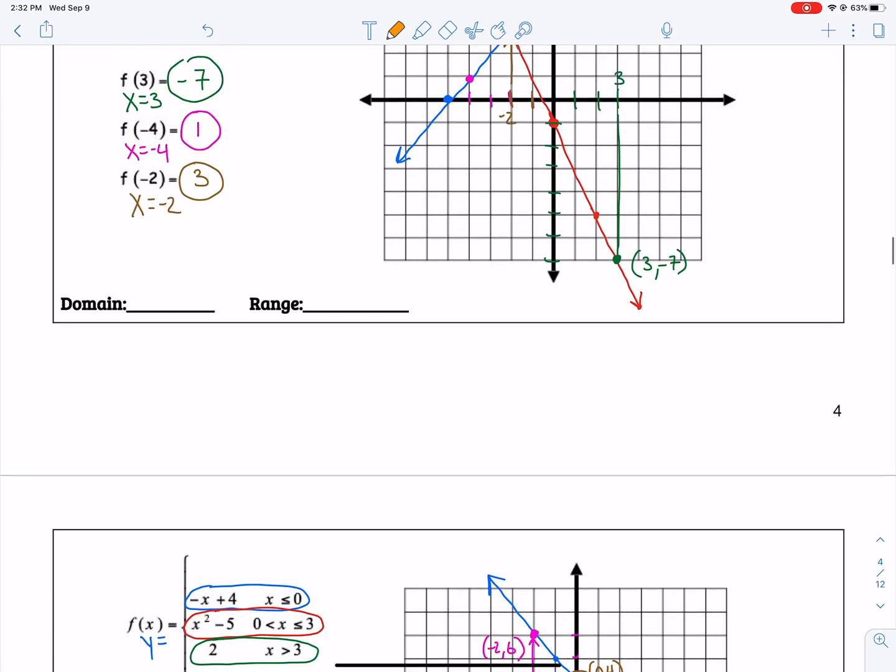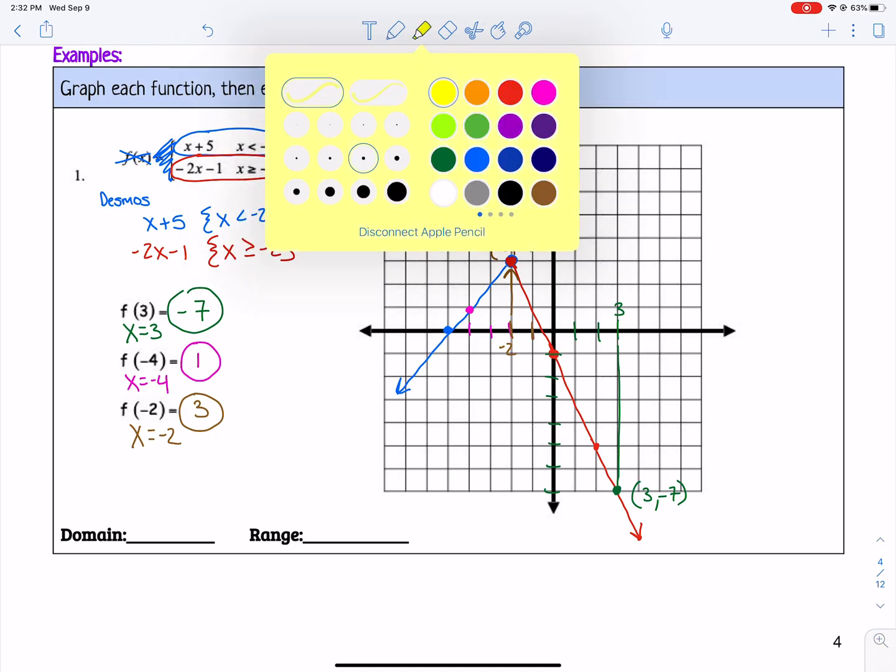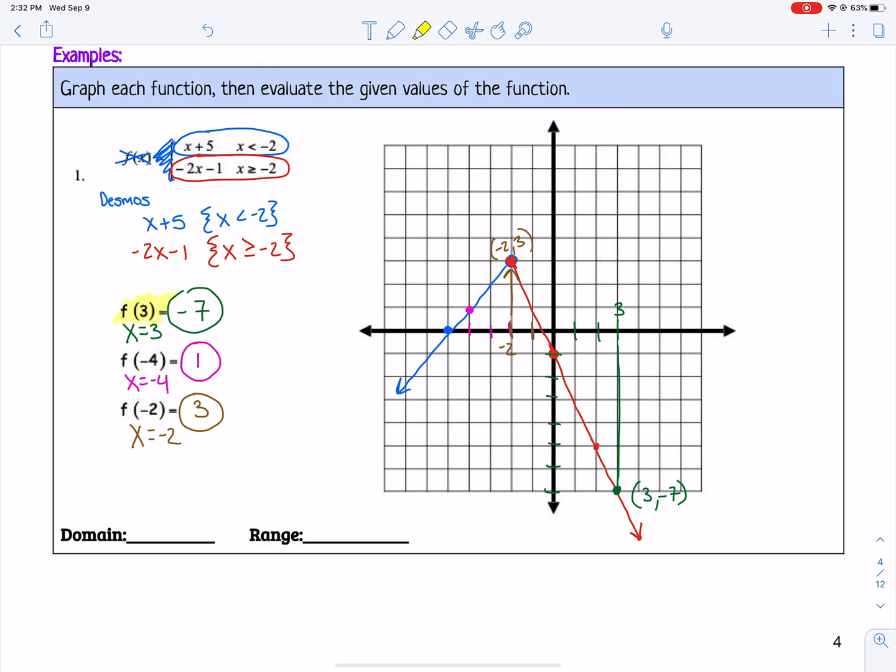The other way you can do it is by plugging in the value. So let's say you have a piecewise function that you did not graph and you don't feel like graphing it. Then let's look at this first part of our evaluating problem, f of 3. We looked at our graph and found -7. The other way to think about it is you think of where would x equals 3 belong in this function.